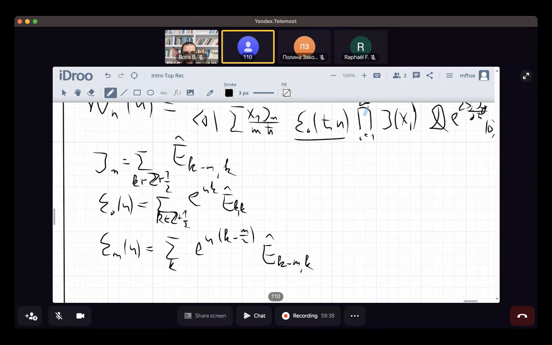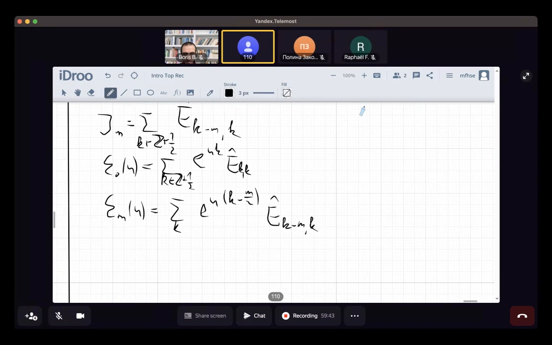And also we can define E(u), which is E(u, x), by taking the sum over m of x to the power m E_m.